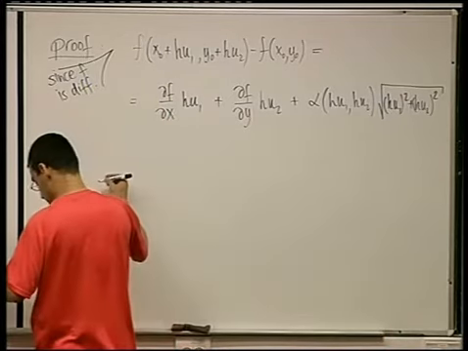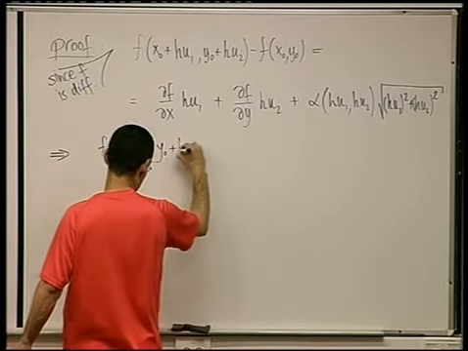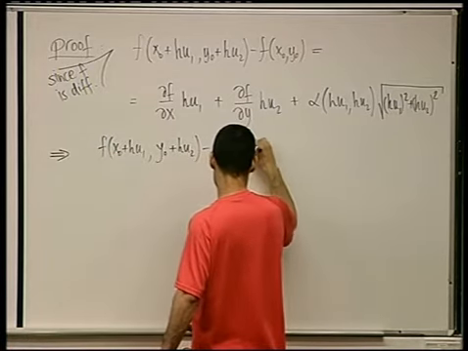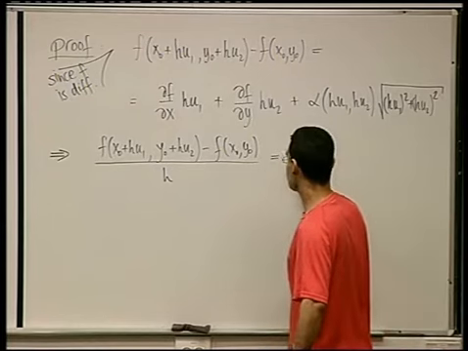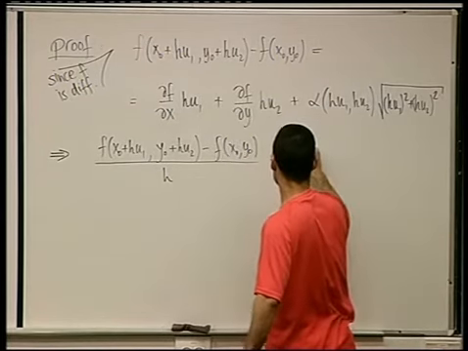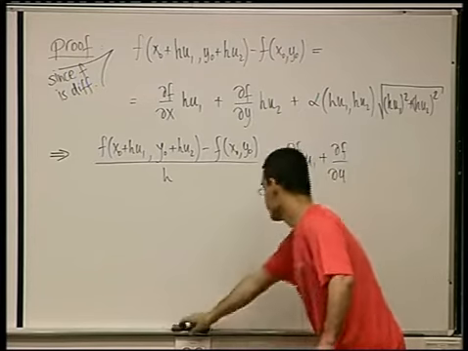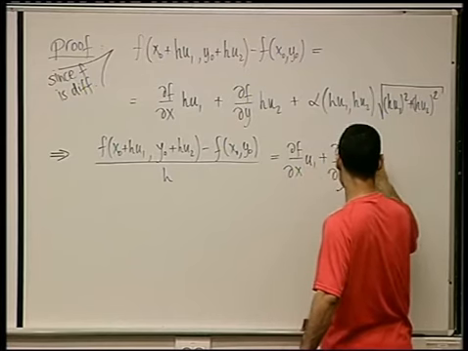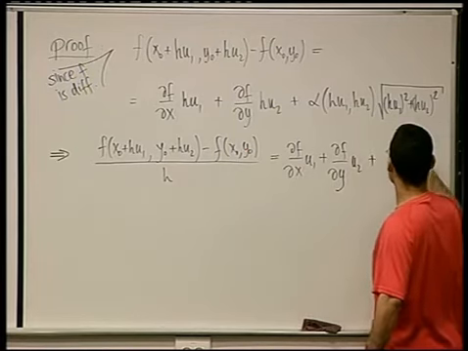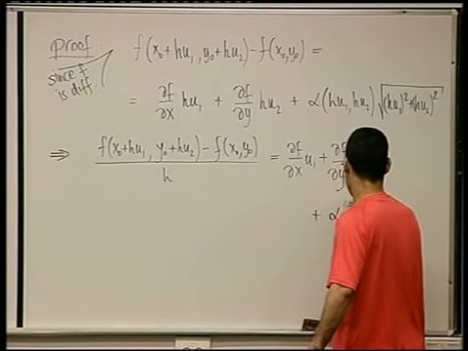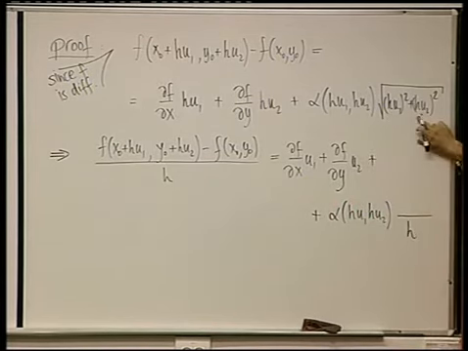And this implies, when I divide out by h, that f at x0 plus hu1, y0 plus hu2, minus f at x0, y0, divided by h, that's the left-hand side, equals df to dx times u1, I divided by h, plus df to dy times u2, that's this after dividing by h, plus alpha of hu1, hu2, and I'm going to divide by h, but what am I going to write up here?